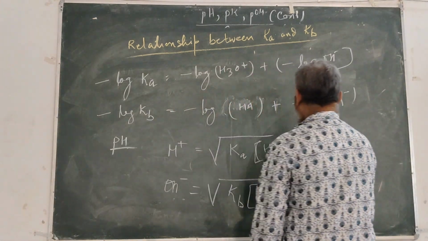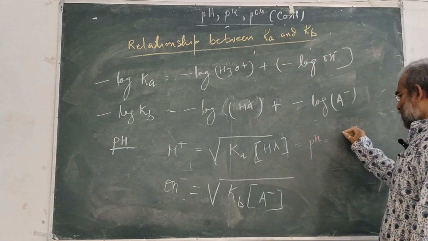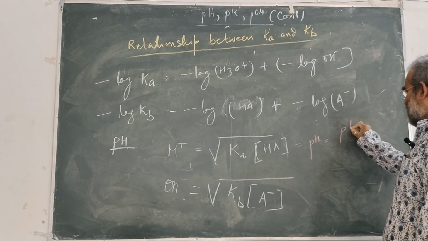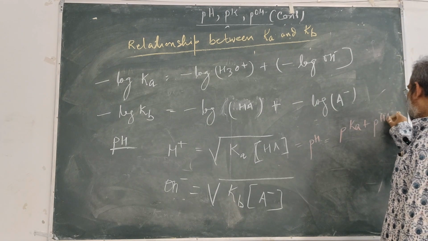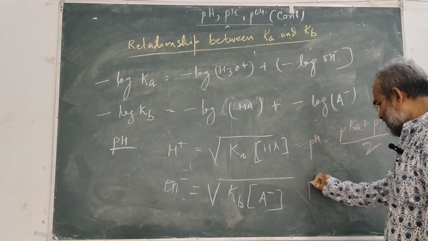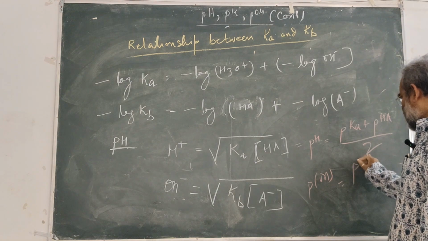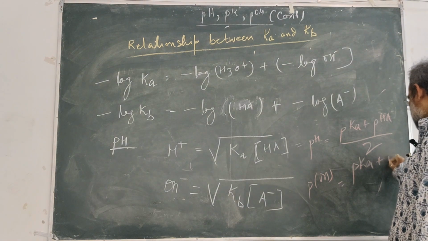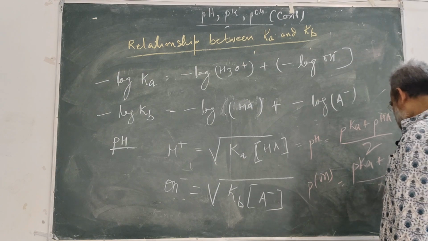That means pH equals pKa plus pHA divided by 2, and pOH equals pKb plus pA divided by 2.